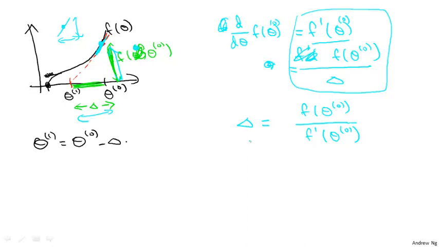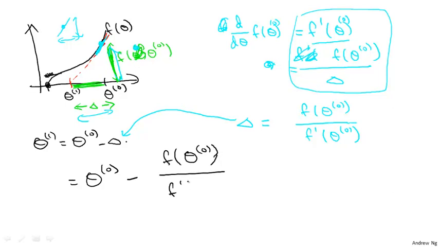Lastly, let's take delta and plug this back in, and therefore this tells us that theta 1 is theta 0 minus f of theta 0 divided by f prime of theta 0. And this is one iteration of Newton's method. Of course, I've written up the update here for going from theta 0 to theta 1.